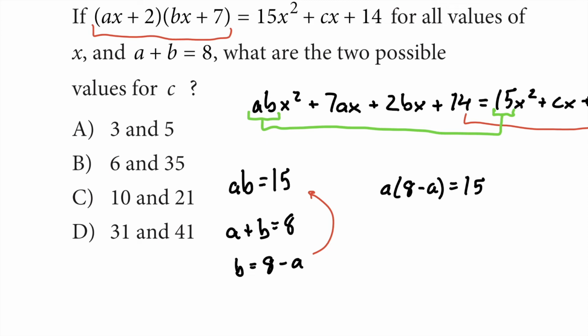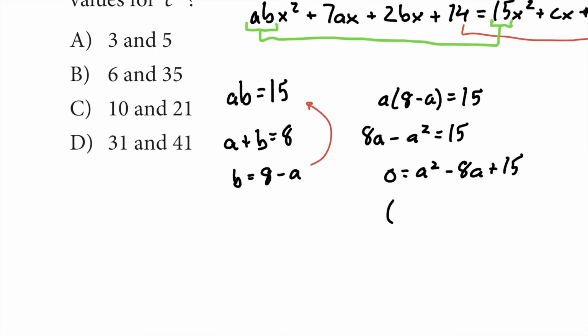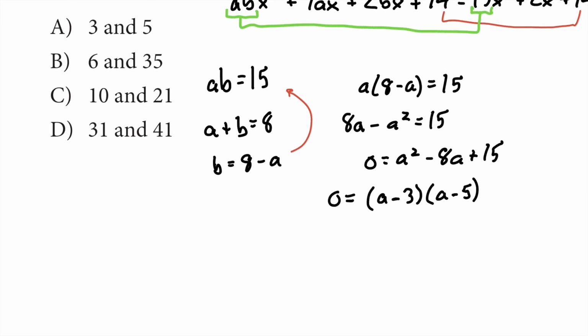Or 8a minus a squared equals 15. Again, we can rewrite this by subtracting everything to the right side. We get a squared minus 8a plus 15, and we can factor this: a minus 3 and a minus 5. Negative 3 times negative 5 is positive 15.